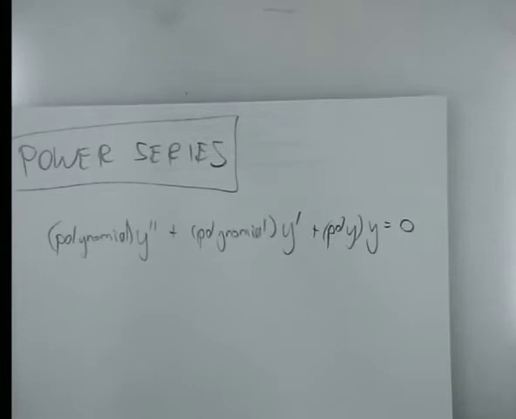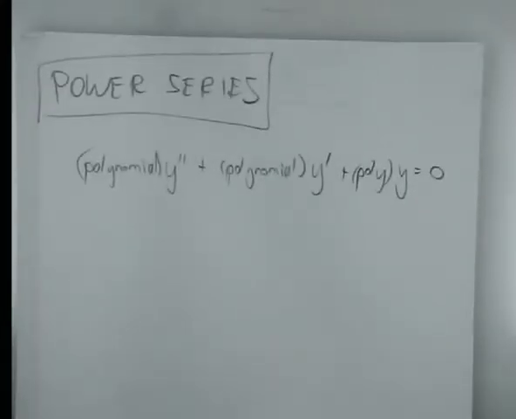It should work okay even if it doesn't come out to 0, as long as it comes out to something like a polynomial. And the reason the polynomial thing works really well is because you're going to assume that y is a polynomial. Well, an infinite one, but that's the idea.